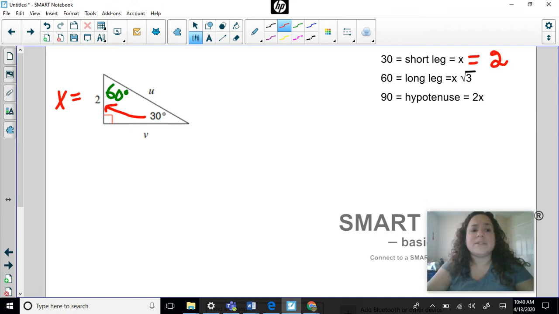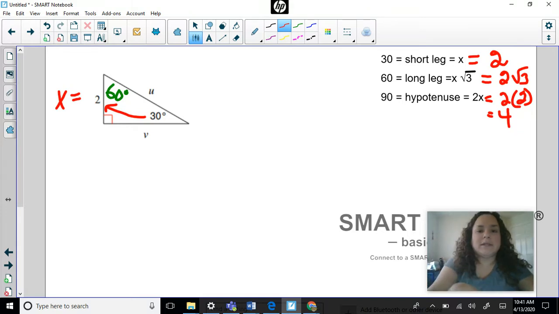Since this is our short leg, we use the value of 2 to find the value of the long leg and the hypotenuse. This type of example is pretty simple because all we're going to do is multiplying. For the 60, we will multiply 2 times square root of 3. To get our hypotenuse, we will multiply 2 times 2, which gives us 4.